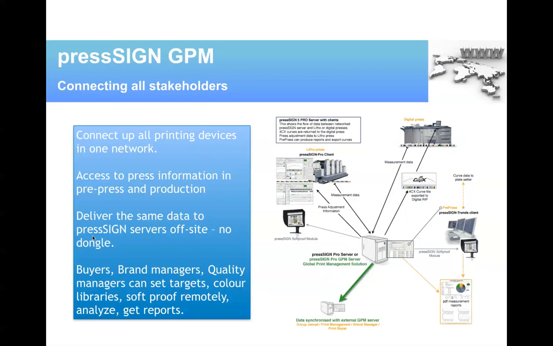Now, a lot of people ask if there's any difference in setting up a pressSIGN GPM server compared to other servers. The answer is no. From a printing factory's point of view, you're installing a local server on a computer, and that computer can be physical hardware.